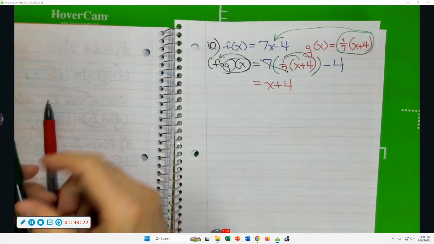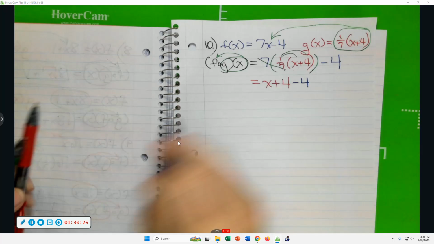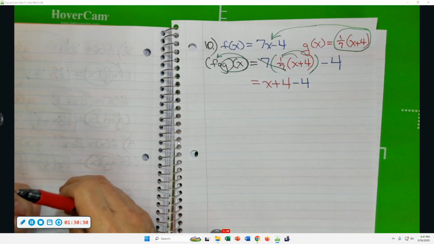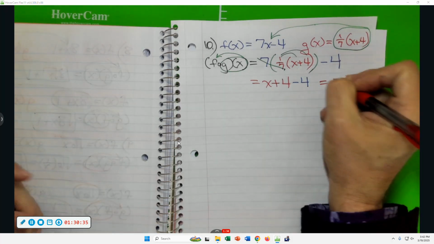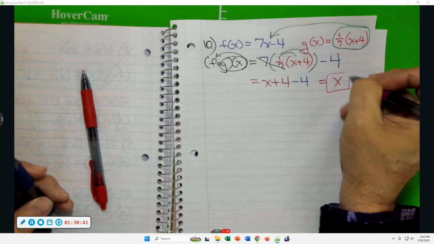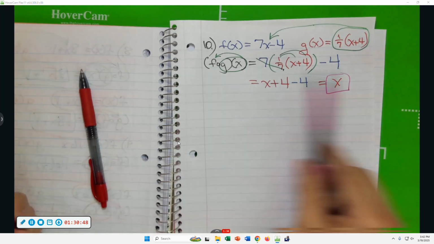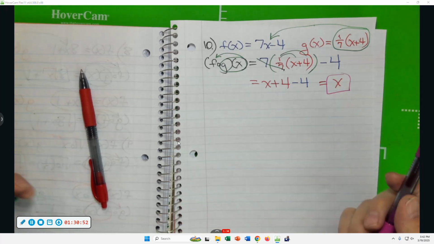But I still have a minus 4. Oh, it doesn't work out nicer than this. What's that going to simplify to? Just x. So f composed with g of x reduced to x. I wonder if g composed with f of x is going to reduce to x as well. If everything cancels out except for x in both directions, then yes, they are equal.